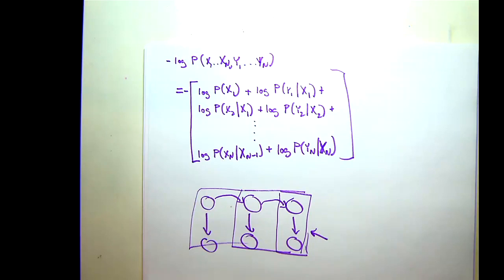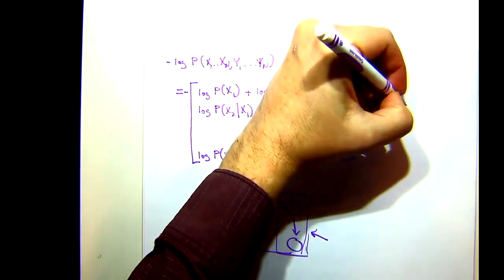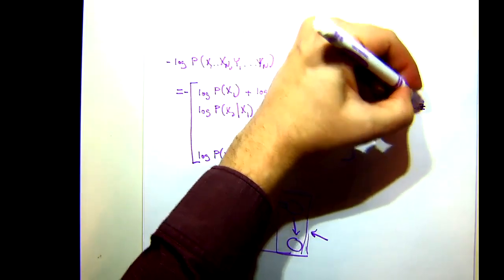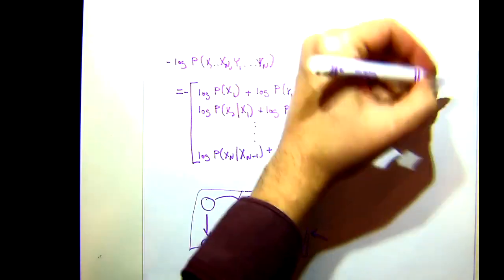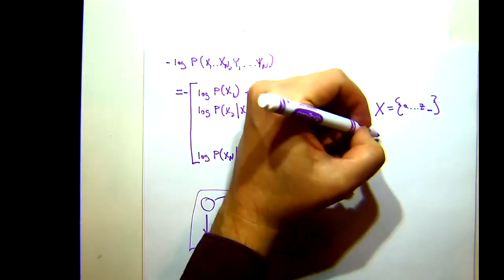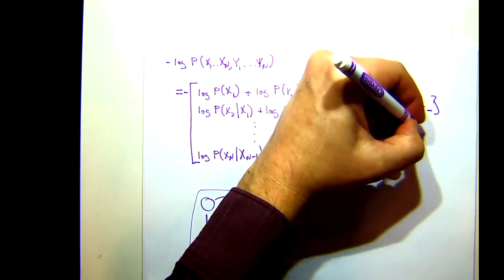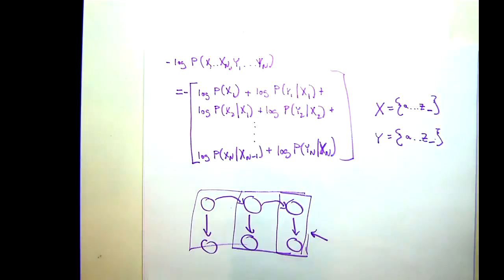It depends totally on how you define this. When we're doing letters, X takes the set of A through Z and space. So that's your set of hidden symbols. It also happens to be your set of emitted symbols, A through Z and space. So when we're doing reconstruction of text, those are what the values are.